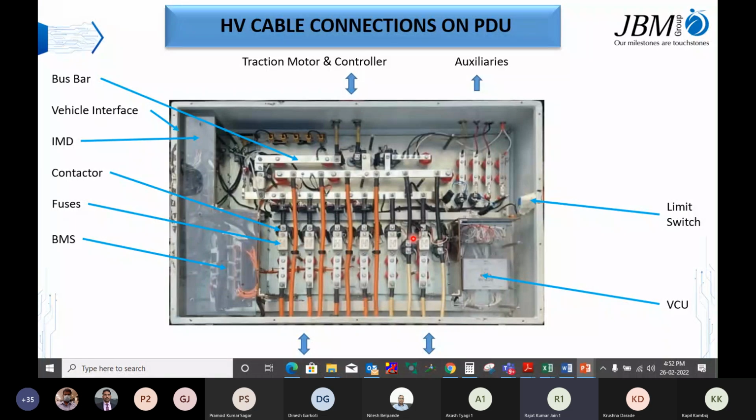We have contactors in all 4 cables, for the positive and negative of both charging sockets, for protection from shock if anyone touches the charging socket. That is a safety feature. And we have a fuse of 250 amps in both positive cables of the charging sockets.